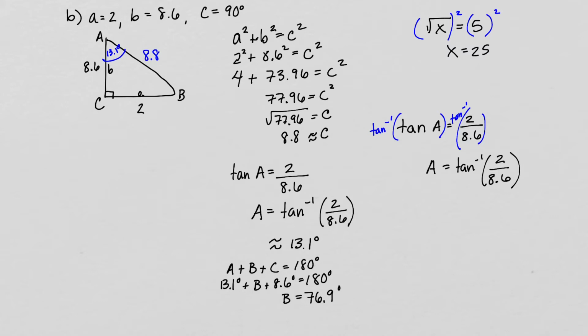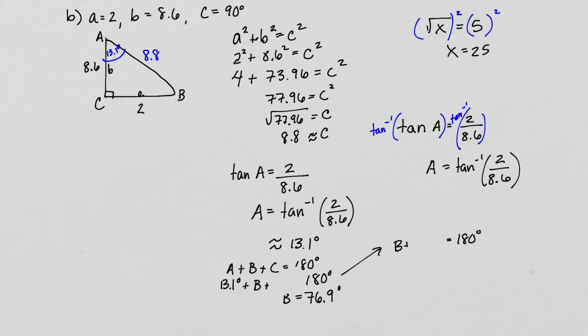So I got 76.9 by doing basically, if you add 13.1 and 8.6 together, you get 21.7. So we have B plus 21.7 equals 180 degrees. Oh, why did I put 8.6? That's not what I meant to put. C is not 8.6.